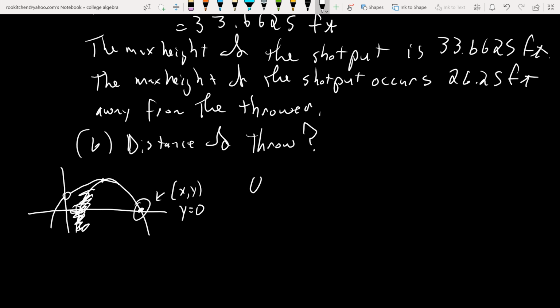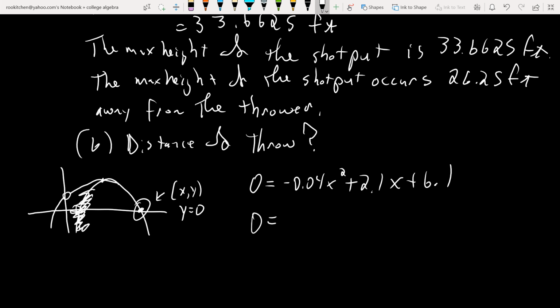So to find the distance of the throw, what we do is put 0 in for y and solve. Okay, so I have then 0 equals negative 0.04x squared plus 2.1x plus 6.1. Okay, and then we could dump that into our quadratic formula. I like to get rid of all of the decimals and get a positive leading coefficient. So first I'm going to multiply everything by negative 100.